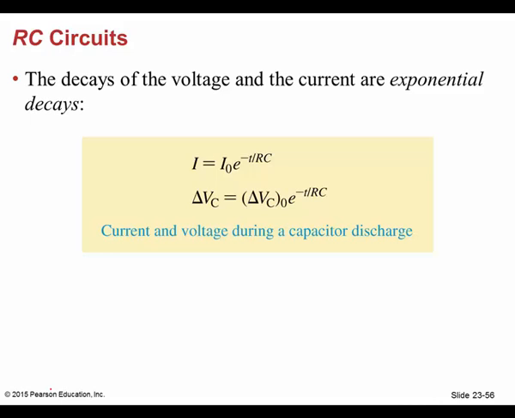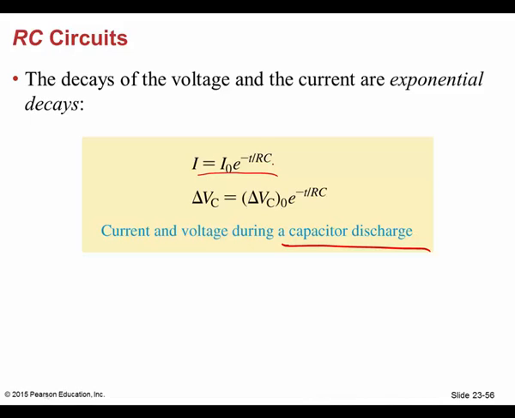So how do we express that mathematically? All right, the decay of voltage, this is for a discharging capacitor, and you need to write these down now. Make sure you write them down properly, because when we get to charging, the equations are a little bit different, okay? So notice for a discharging capacitor, the final current is equal to the initial current times e to the negative t over RC.